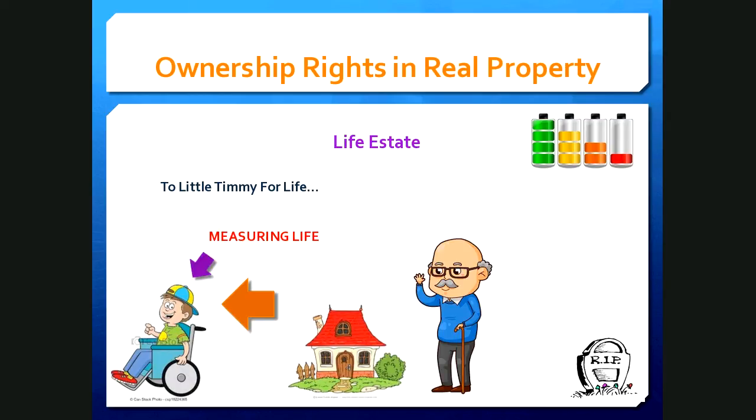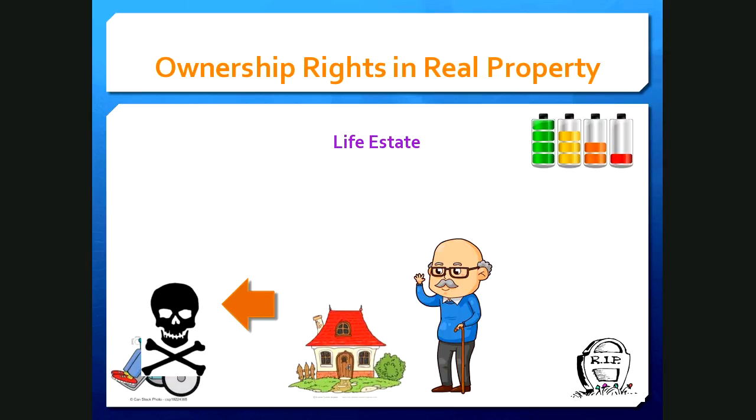Well, we call that the measuring life, right? Because the estate is measured by the life of little Timmy. And when little Timmy dies, ownership of the property goes elsewhere. But where does it go?